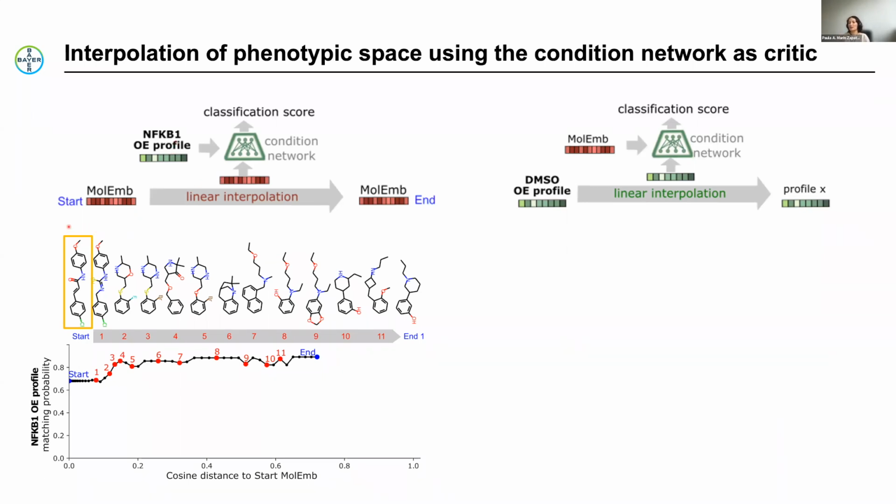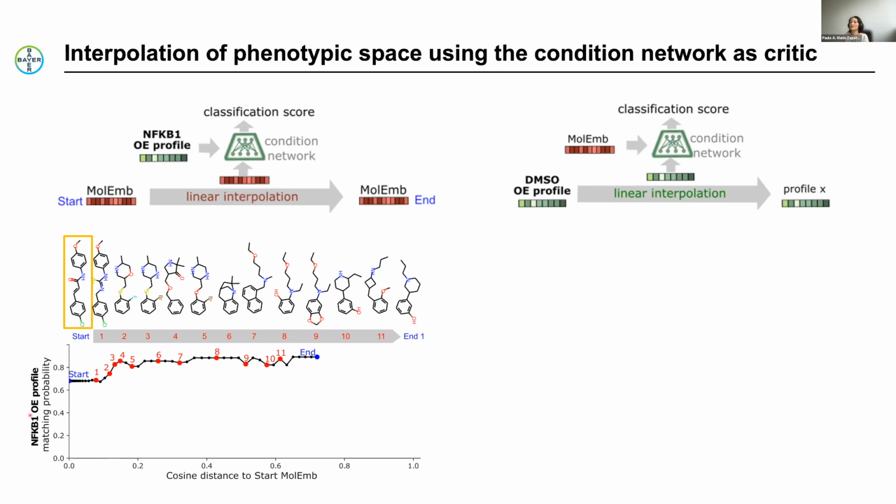We start with our known agonist, and we decided to interpolate towards another molecule, which according to the model is supposed to have a higher classification score towards the NF-kappa beta 1 profile. And what we see is that on the x-axis, we can see the cosine distance in the molecular embedding space to the starting molecule.